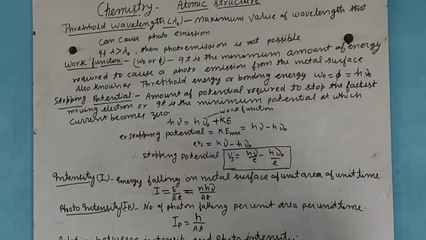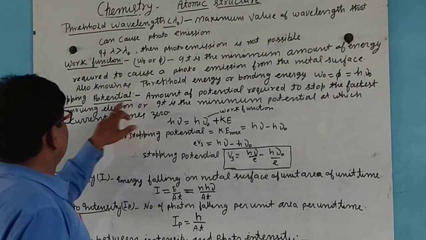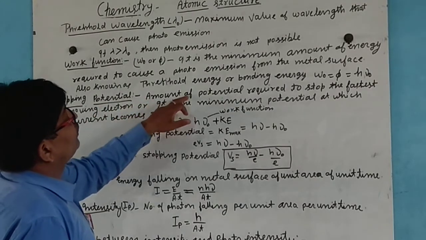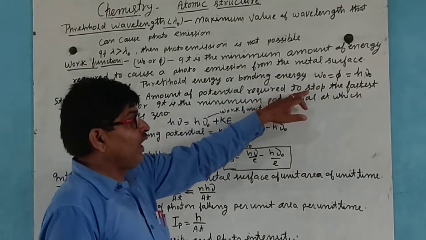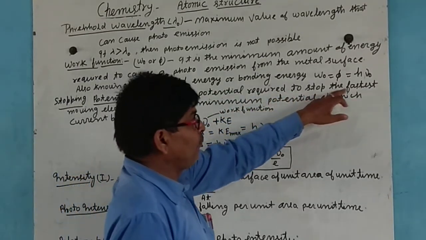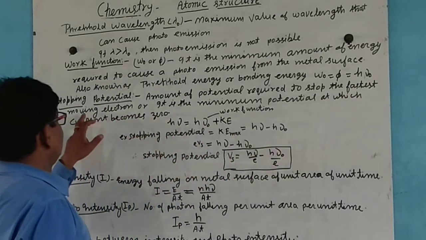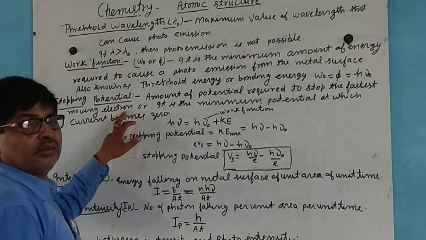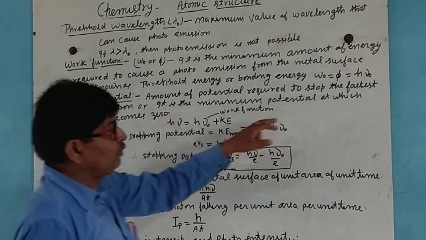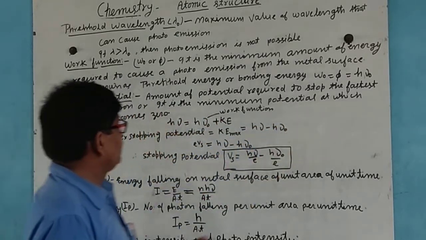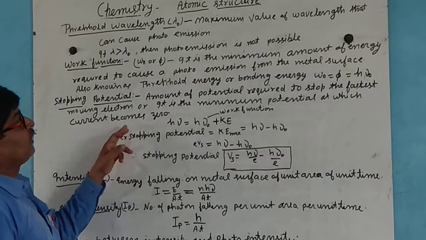Now the stopping potential: the amount of potential required to stop the fastest moving electron, or the minimum potential at which the current becomes 0.